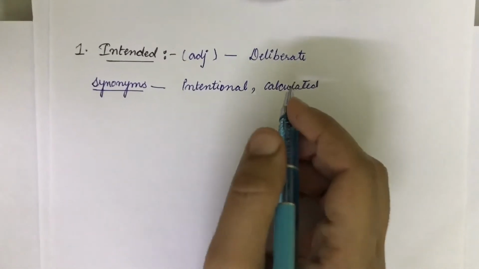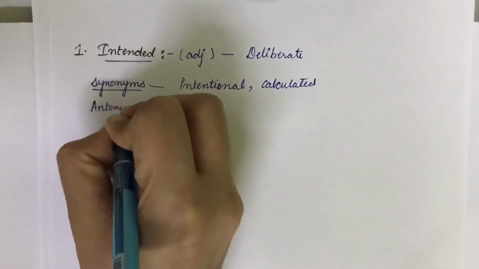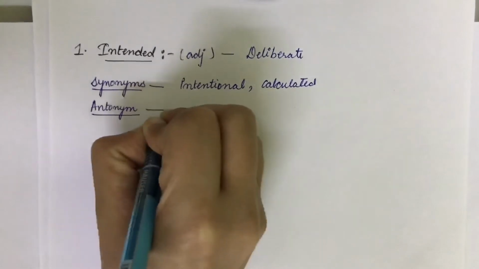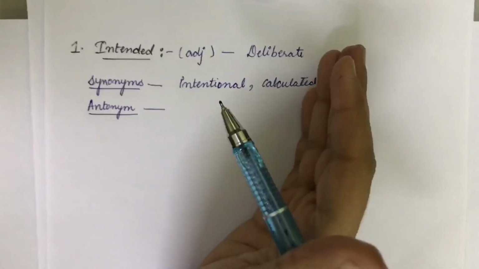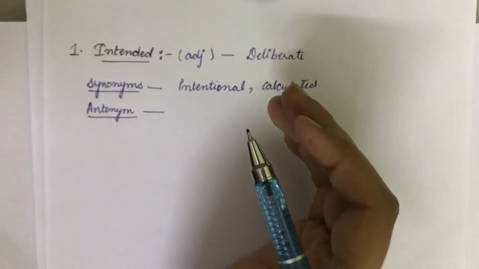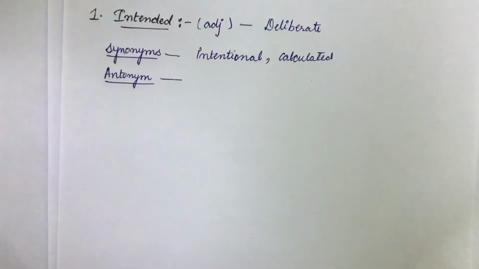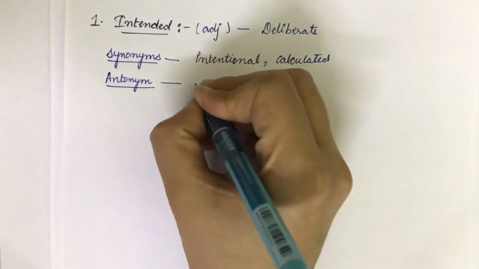Okay, so now I am also going to tell you the antonym of this word. So what does antonym mean? It means something that has the opposite meaning of the word that I am telling you. Okay, so if you want to know the opposite word of intended, then it would be accidental.